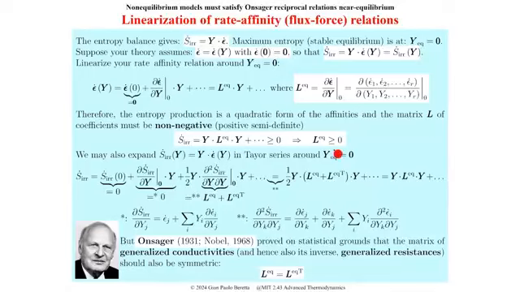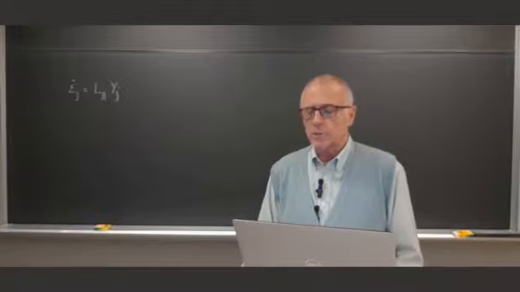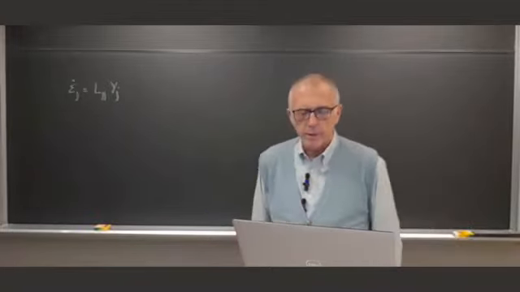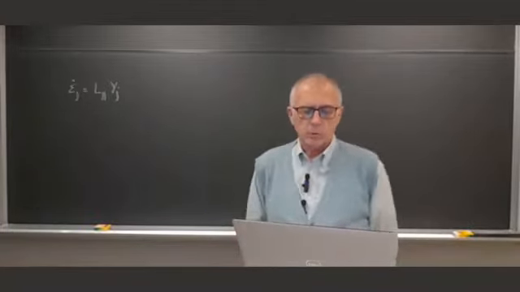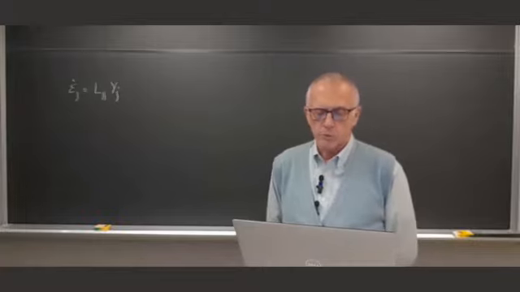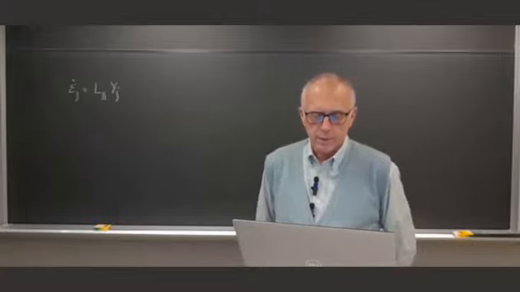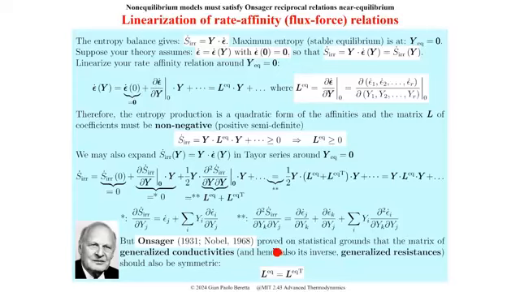However, in addition to non-negativity, there is an additional constraint that was proved, and we will try to see how we get there as we go on. It was proved by Onsager in 1931, for which he got the Nobel Prize in '68, and he used statistical considerations to show that this matrix needs to be symmetric.